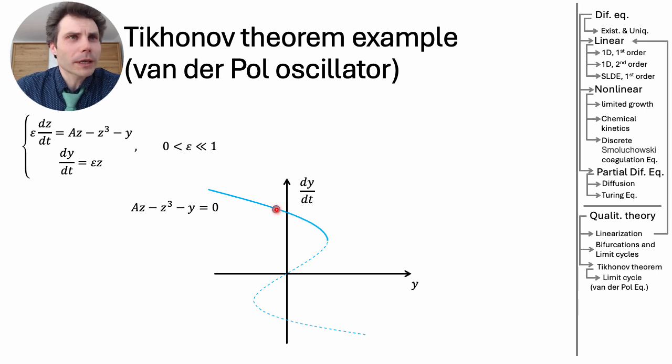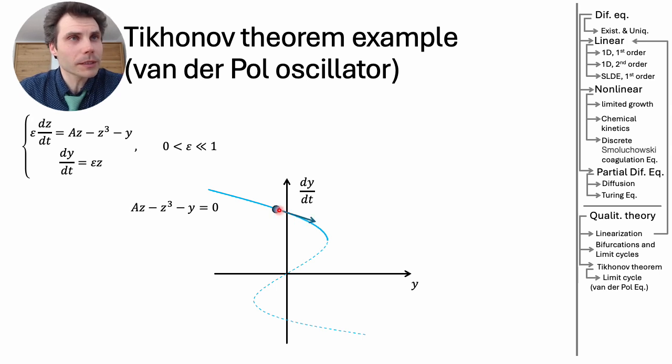And we can again use the graphical tools of analysis of a simple one-dimensional ordinary differential equation to see how this system will evolve. So z, aka dy over dt, is positive, meaning that y is going to grow, and z itself will be following y along the quasi-stationary curve.